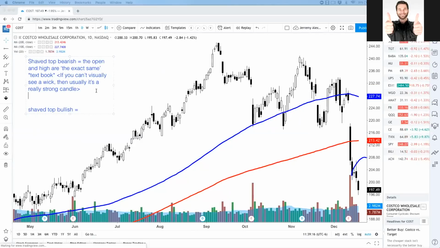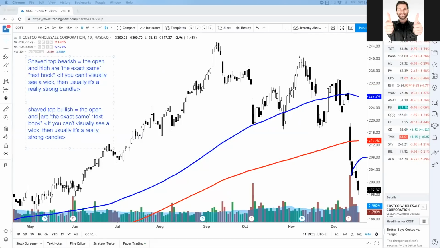I'll copy and paste it over here. The open and the low are the exact same for a shaved bottom, and this is going to be called a shaved bottom bullish candle. So you have a shaved top and a shaved bottom, and then a shaved bottom bearish candle, and a shaved top bullish candle.